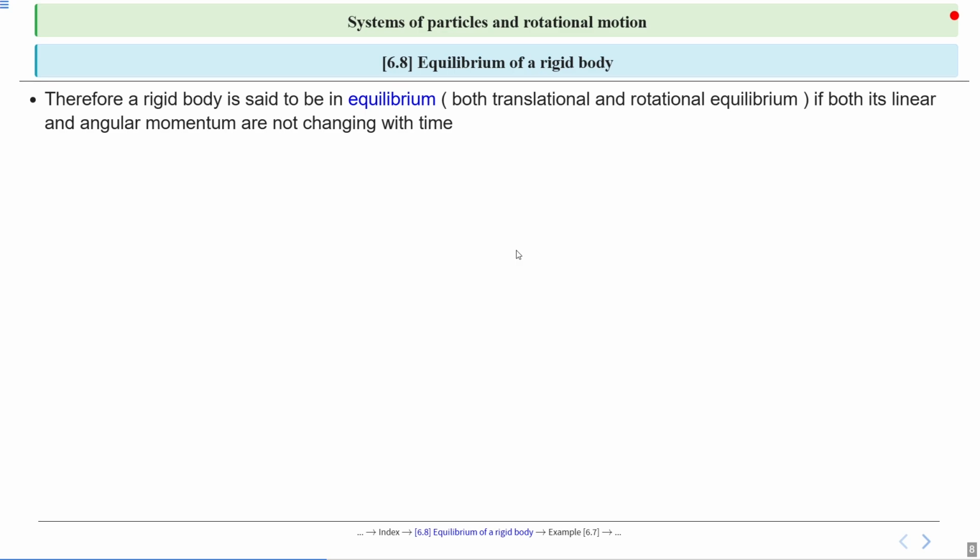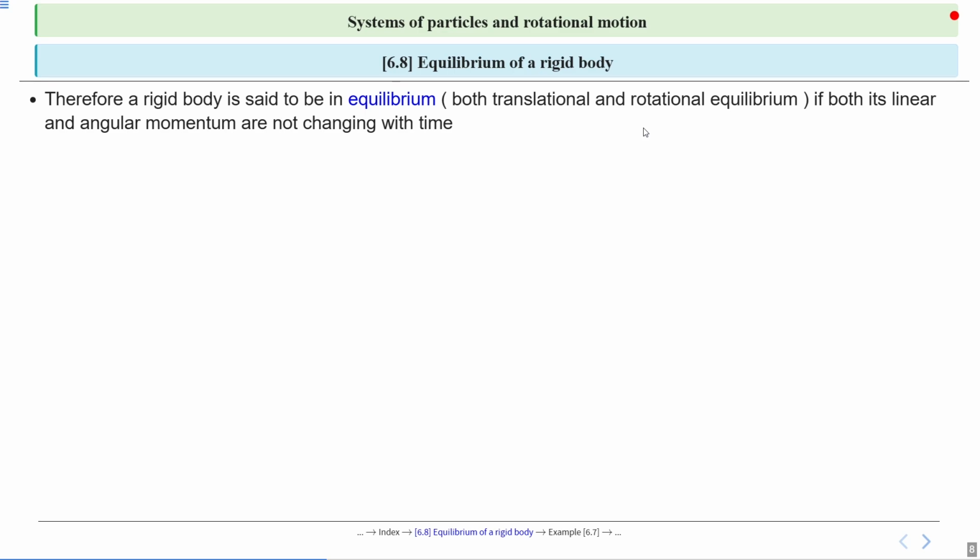So if we combine both, the linear and angular momentum are not changing, because the condition in translational equilibrium is zero linear acceleration, and in rotational equilibrium, zero angular acceleration. That's why the linear and angular momentum are not changing with time.